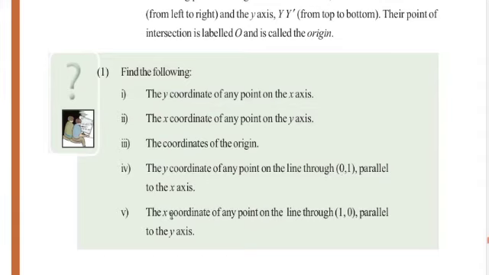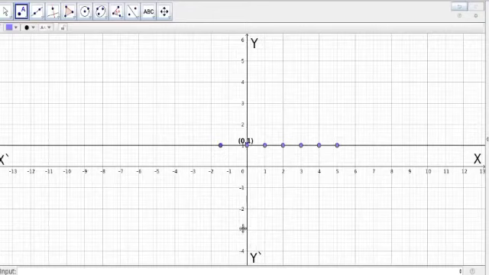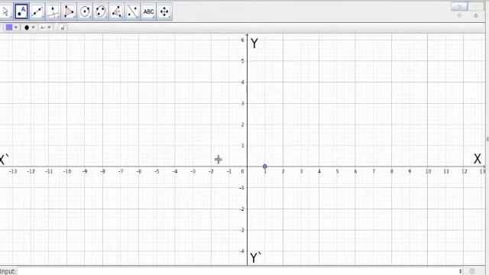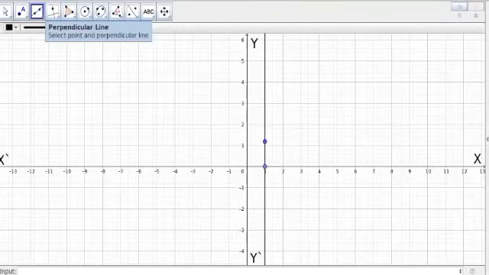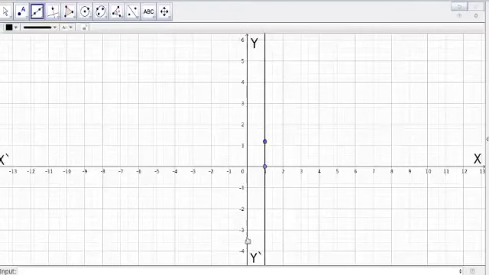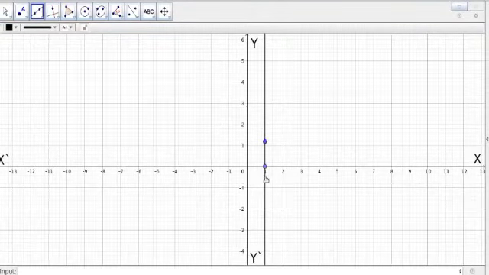Then what about the x coordinate of any point on the line through 1, 0 parallel to the y-axis? This is the point 1, 0, and if we draw a line through this point parallel to the y-axis, then what about the x coordinate of the points on this line?